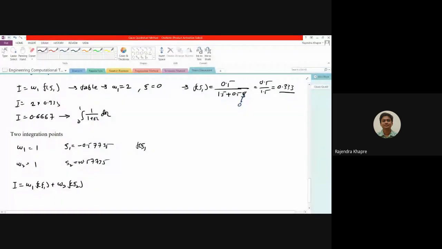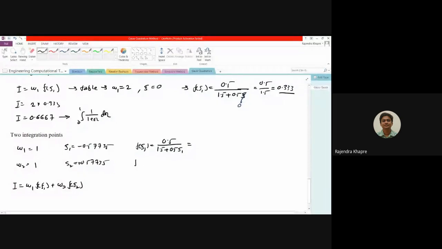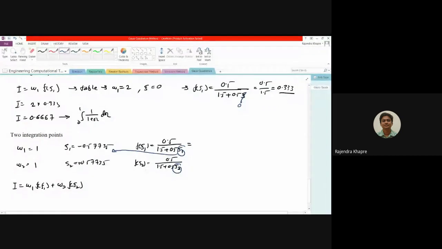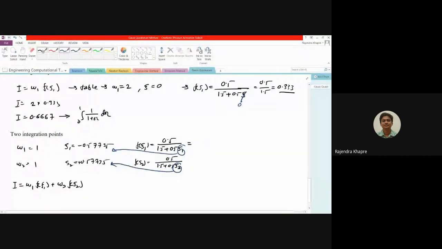So f of xi1 is nothing but 0.5 divided by 1.5 plus 0.5 times the xi1 value, and f of xi2 is 0.5 divided by 1.5 plus 0.5 times xi2, where xi1 and xi2 are these values. Can anybody tell me the values of f of xi1 and f of xi2?